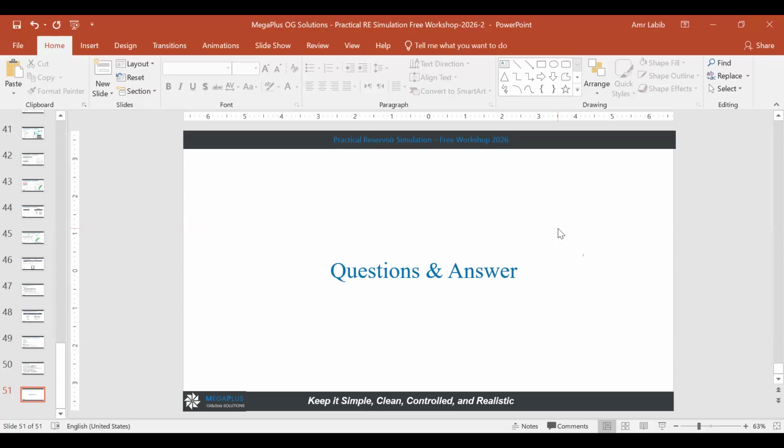In Petrel or any T navigator, you can find it called oil water contact or gas oil contact. But how does the simulator translate it to itself, how does it understand? No, it's a free water level. So in simulation, we are dealing with free water level, and then the distribution depends on the capillary pressure above the free water level.